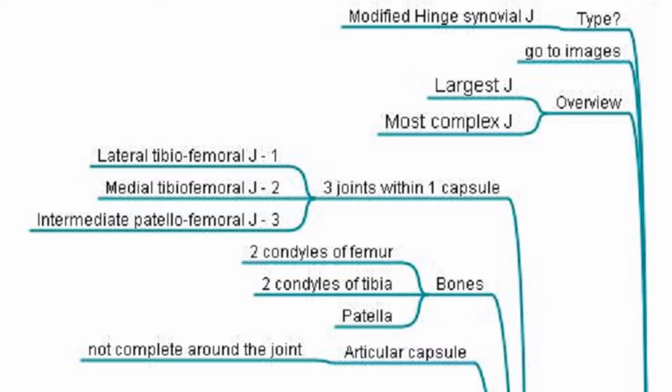And the first thing we usually start with is what type of joint the knee is. The knee is a modified hinge synovial joint. Well, it is a synovial joint. This is something we know already, and we know what a hinge joint is from the YouTube film that demonstrated to us the different types of joint movements.